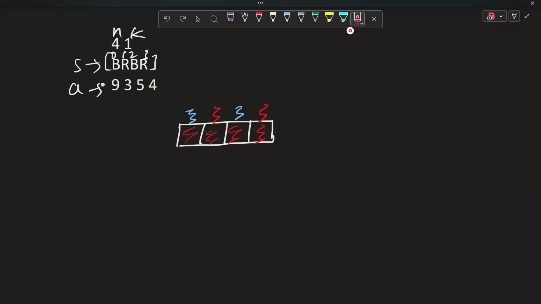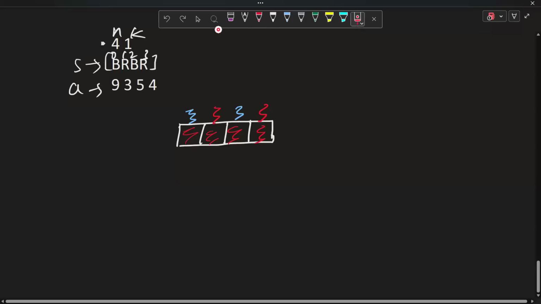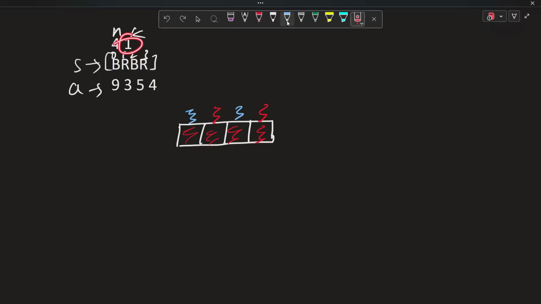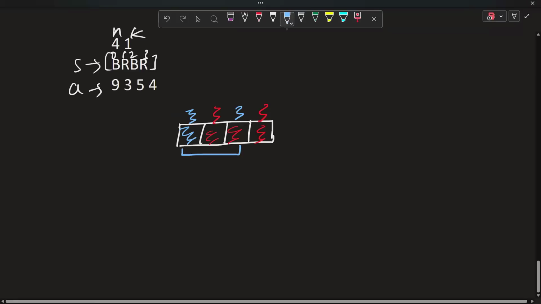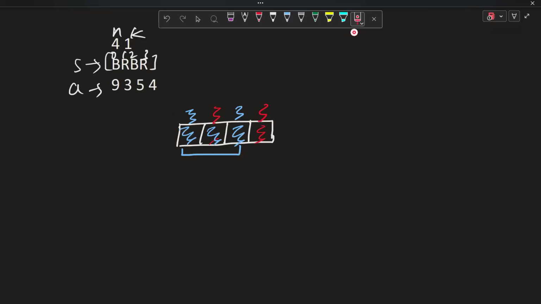So let's say we have only one operation, so maybe we selected these 3 cells and painted all of them blue. So this would become blue, this would become blue, this would become blue. Once this is done, my one operation is done, so I cannot do any more operations.